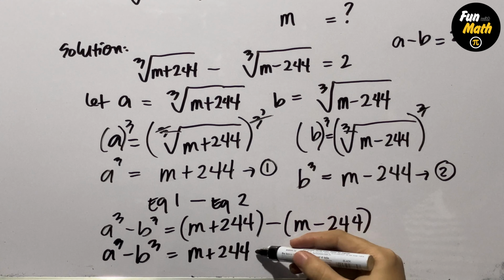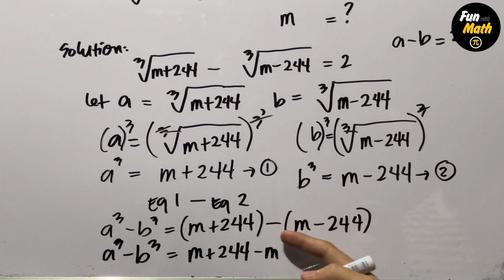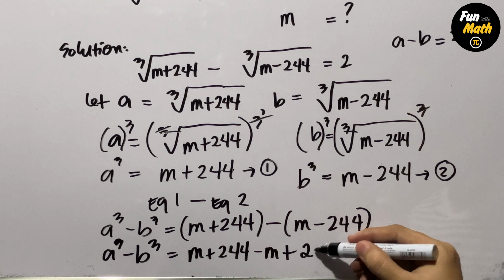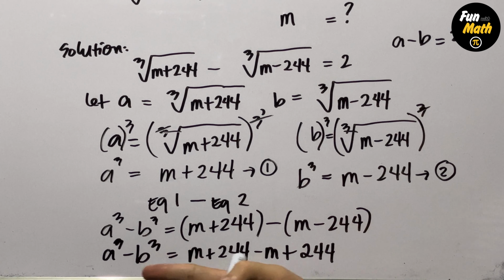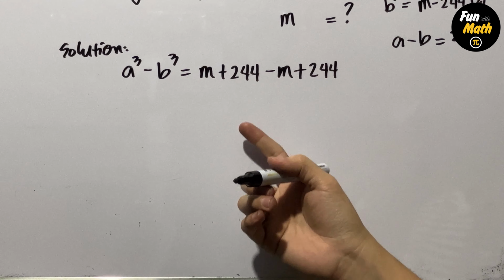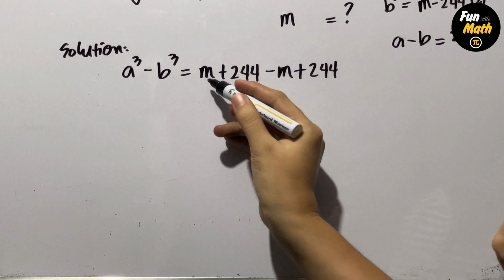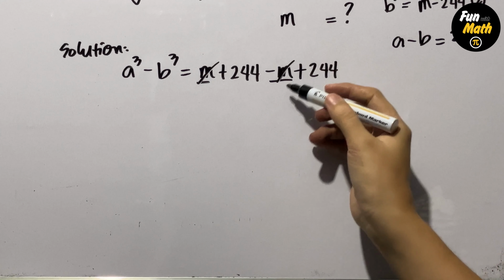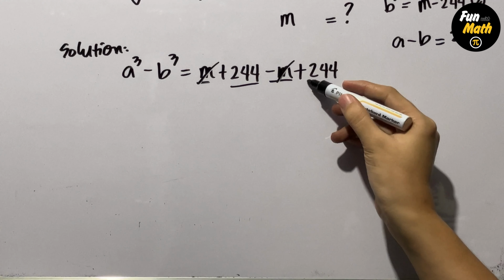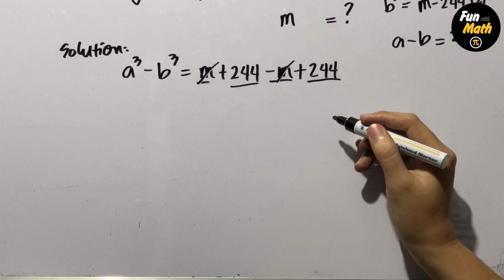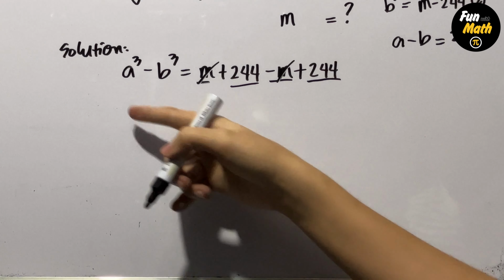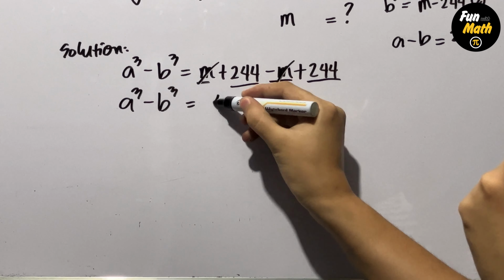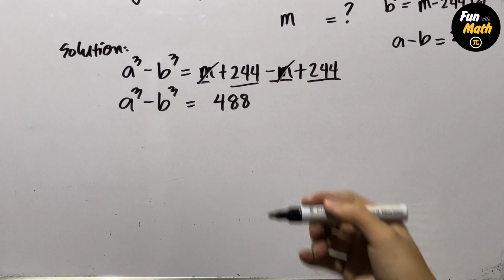Negative times m, that's negative m. Negative times negative 244, that's positive or plus 244. And now, let's combine the like terms. So we have m minus m, this is 0. So 244 plus 244, that's 488. So this is now a cubed minus b cubed is equal to 488.